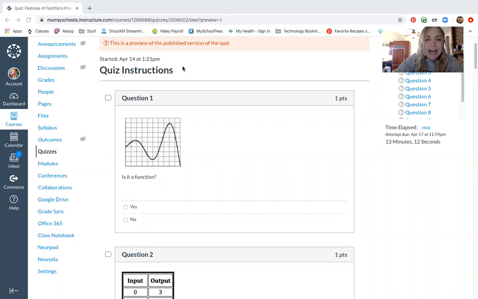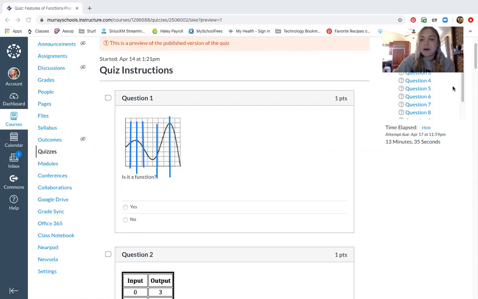That means I can take my line and draw a straight up and down line anywhere on this graph. And if I only hit one point on the graph, then this is going to be a function. So all of those lines that I just drew are a bunch of vertical lines. So, undo that.